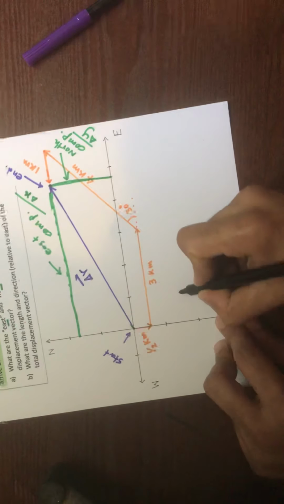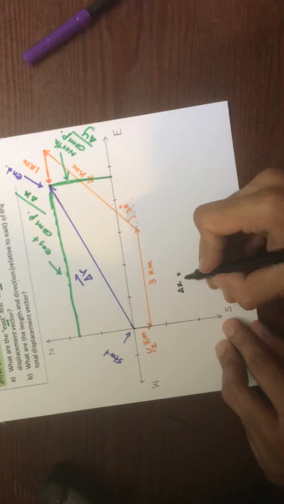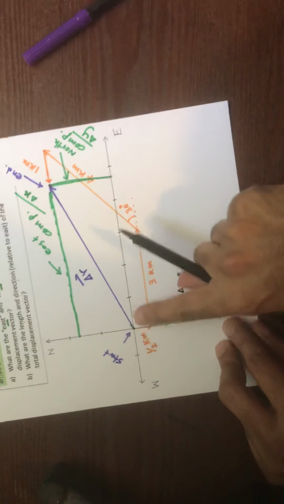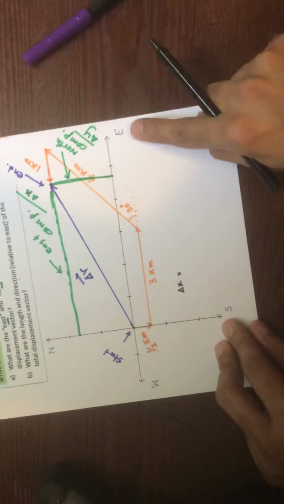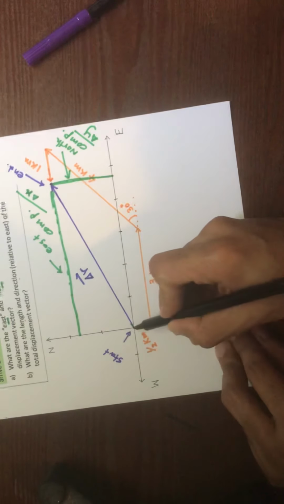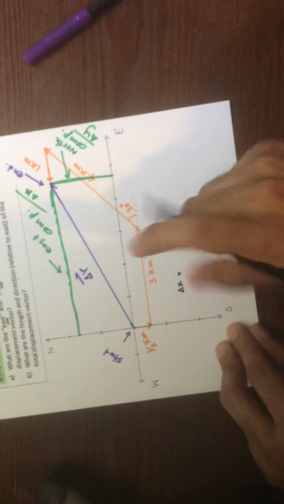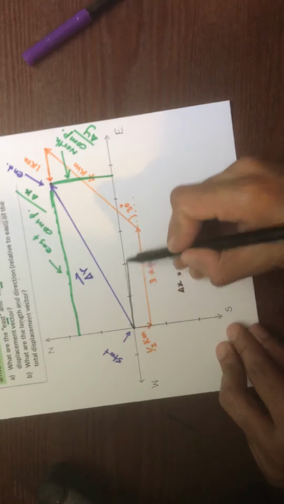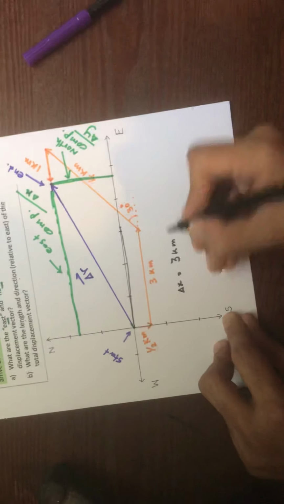If I need to find my delta x, I am thinking about everything horizontal. I am thinking about only the x components. I do have, starting right here, going for 3 kilometers.